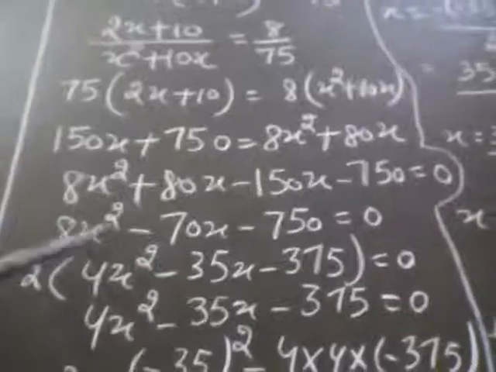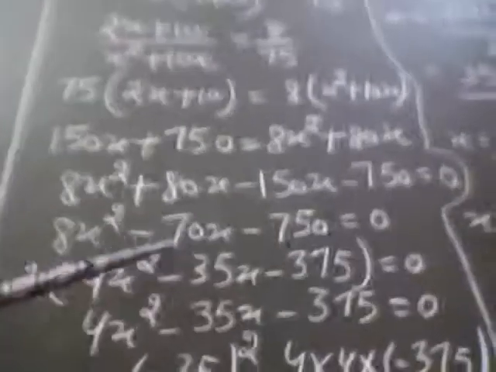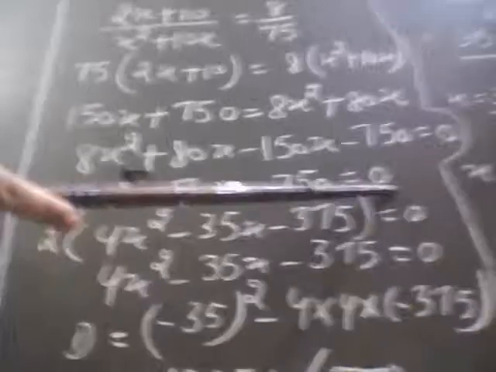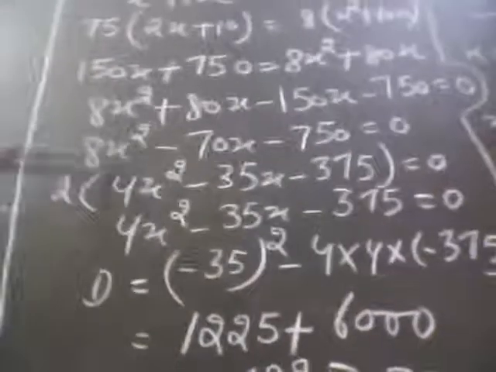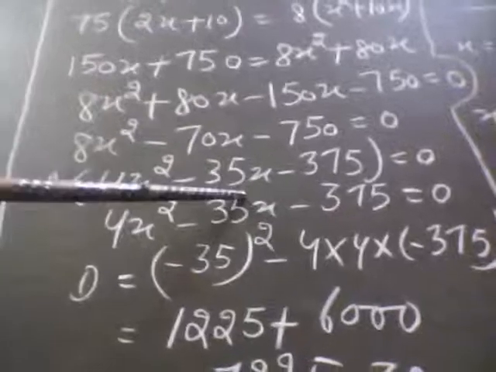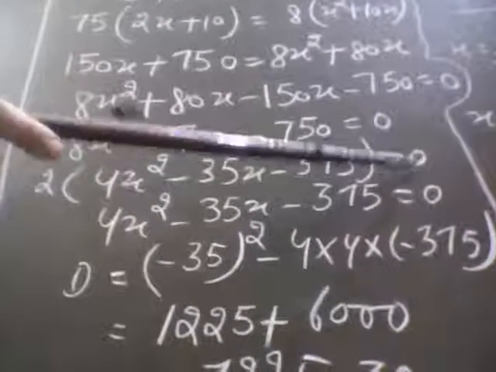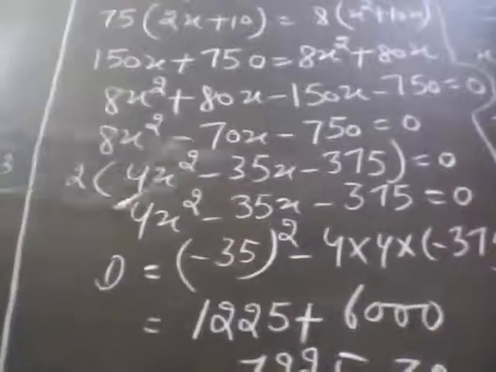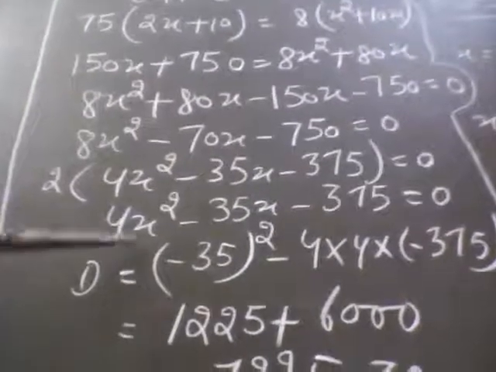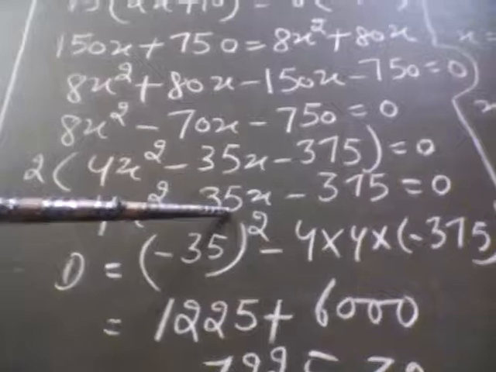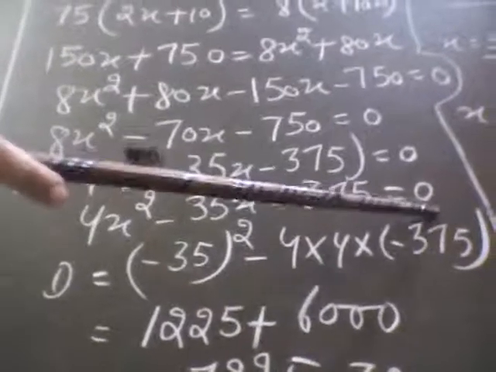Now 8x square, 80 minus 150, we got minus 70x minus 750 equal to 0. Now we'll take 2 as common from this, then we'll get 4x square minus 35x minus 375 equal to 0. Now 2 will go to that side, so 0 upon 2 becomes 0. So our equation is 4x square minus 35x minus 375 equal to 0.